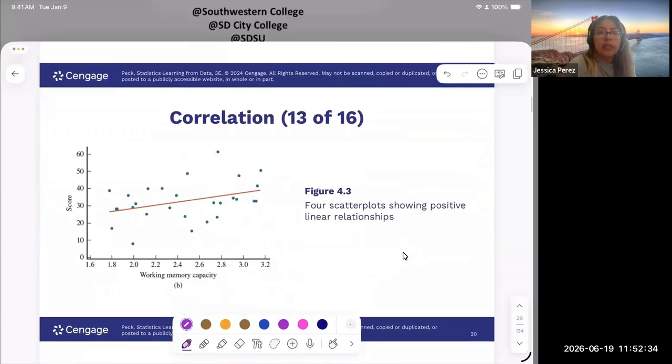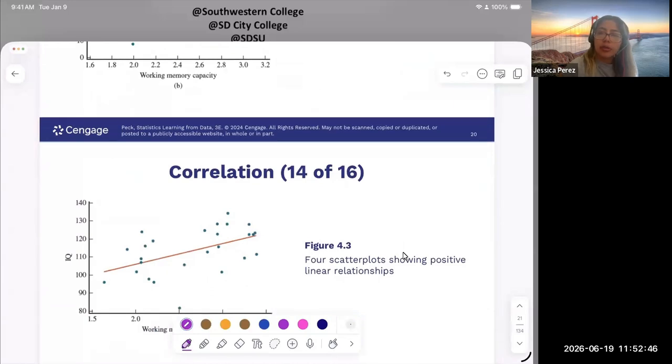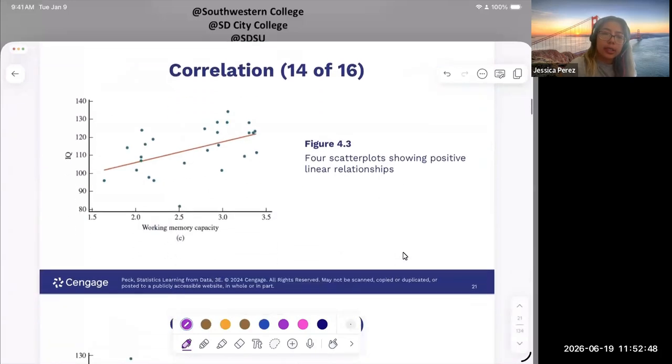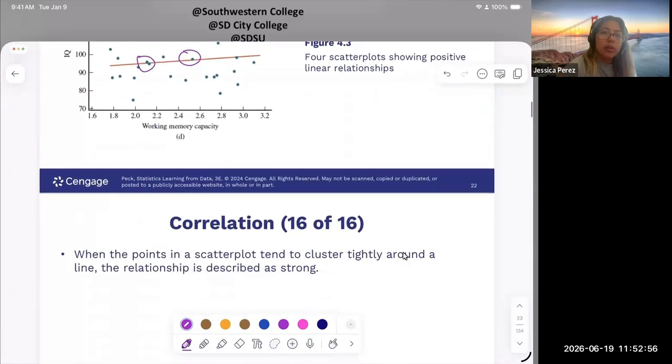Next one here. This also has a positive correlation, but this one is a little bit less linear because it doesn't really reach all of the points. Same thing here, it's still increasing as my x is increasing. And last but not least, here D, they're still crossing some points, but not all.